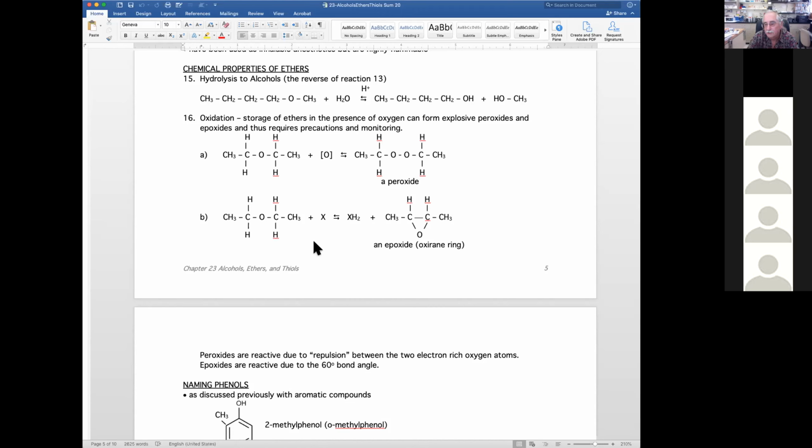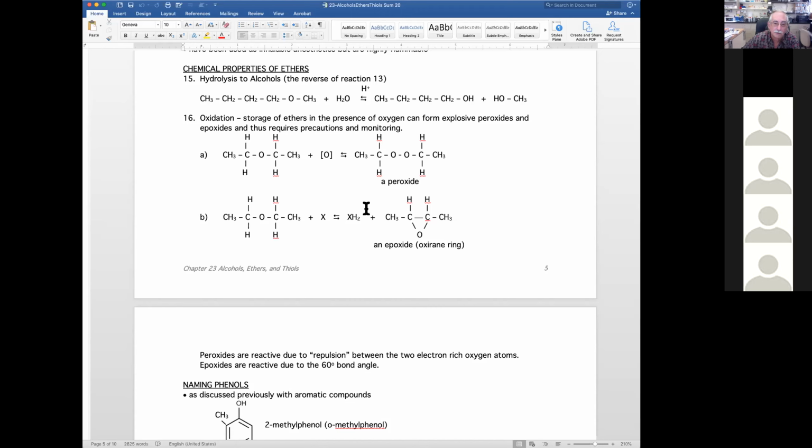So especially in the laboratories, ethyl ether has exploded when people picked it up and it hasn't been taken care of correctly. And people have been injured from exploding ethyl ether. So it's not the ether itself that explodes, it's the epoxides or peroxides that explode.